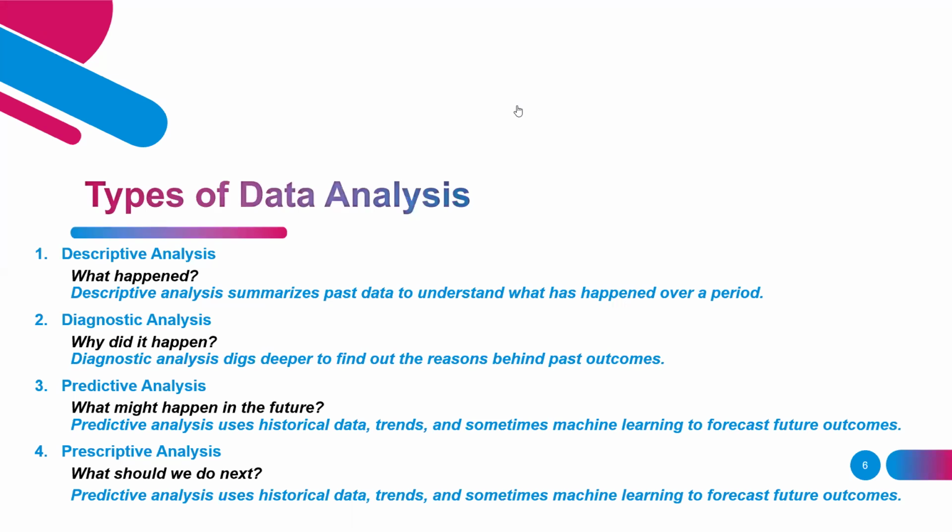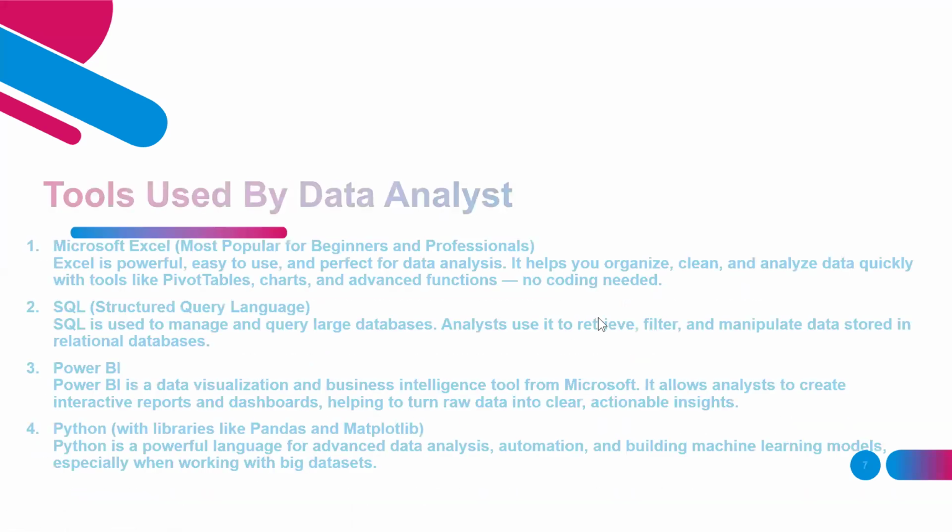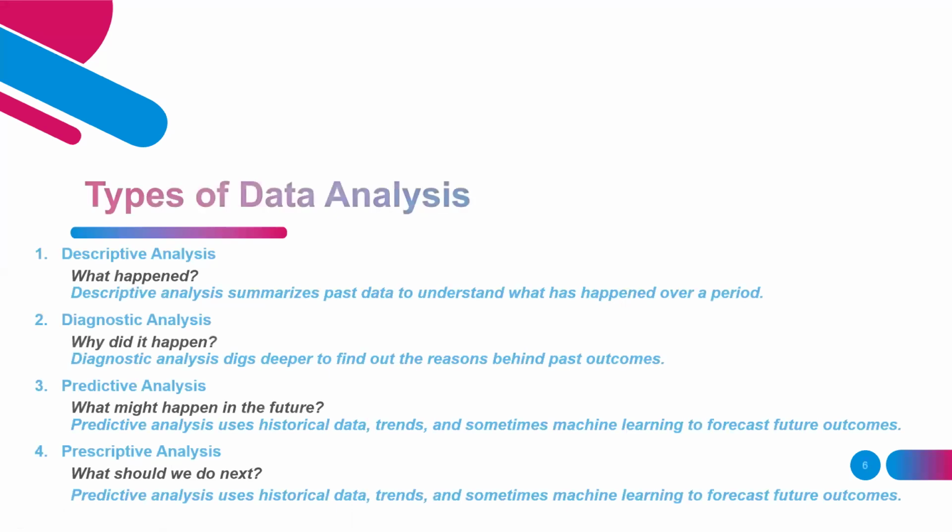Descriptive analysis summarizes past data to understand what has happened over a period of time. You are describing what has happened in the past and getting insights from it. So you have a data set now. What is our total revenue?